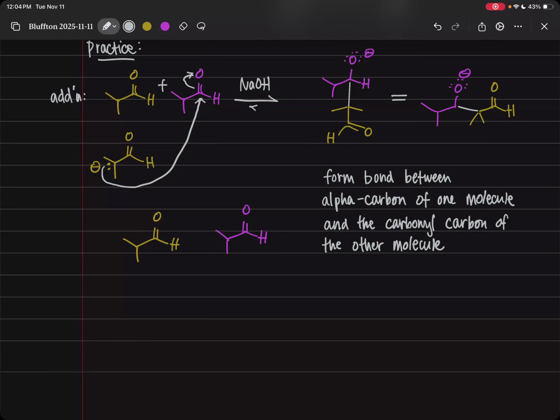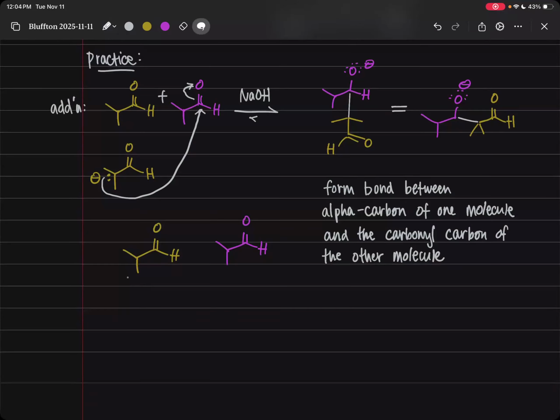So how do we do that? Let's say we're going to use the carbonyl carbon of that molecule and the alpha carbon of that molecule. Orient them so that they are kind of close together.